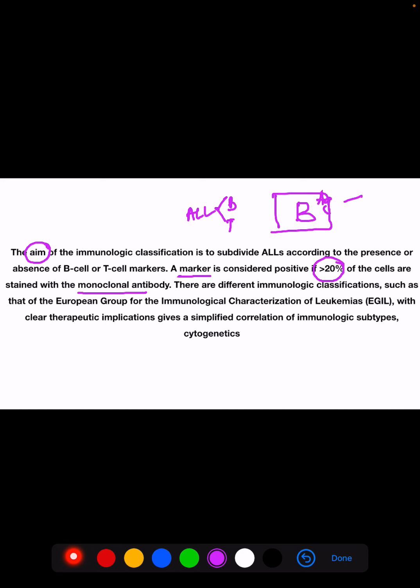So we give an antibody and we detect the marker on the B cell. All leukemic cells are positive if greater than 20% are stained with the monoclonal antibody.